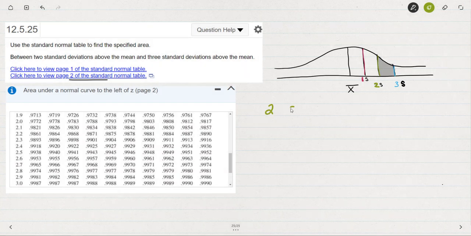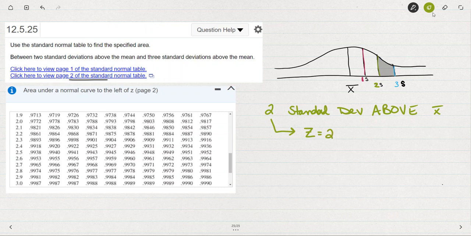So 2 standard deviations above the mean, so above x bar, would mean that z is 2.